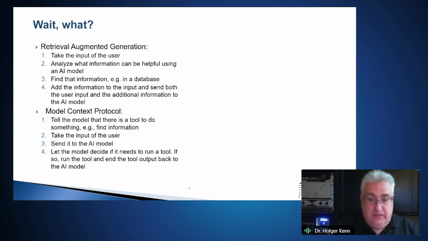We can just give it the text. Now, what text is relevant, that is also something a model can help us with. We can basically ask a model with specific ways to query data, like databases or like so-called vector databases that are a specific way of querying this data. And then we just take that data and give it to the model. And now the model is informed. It knows this information.